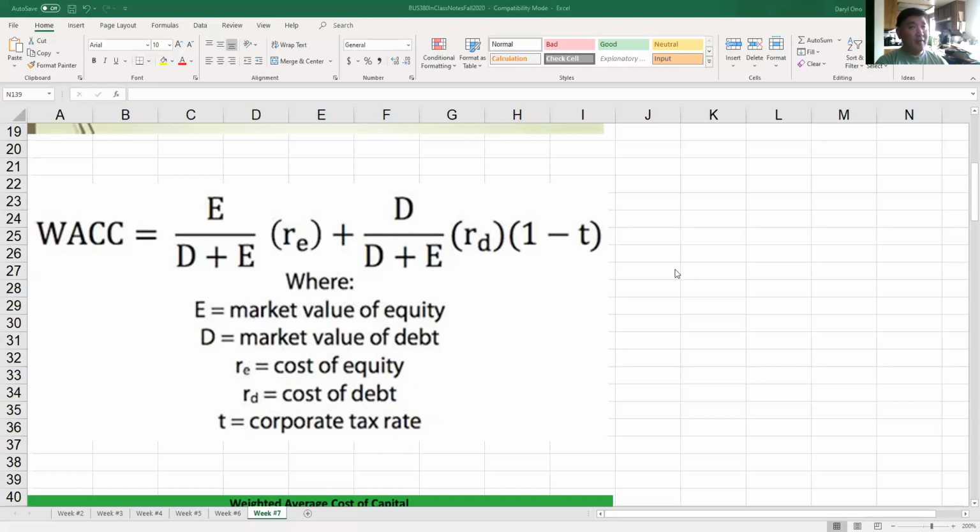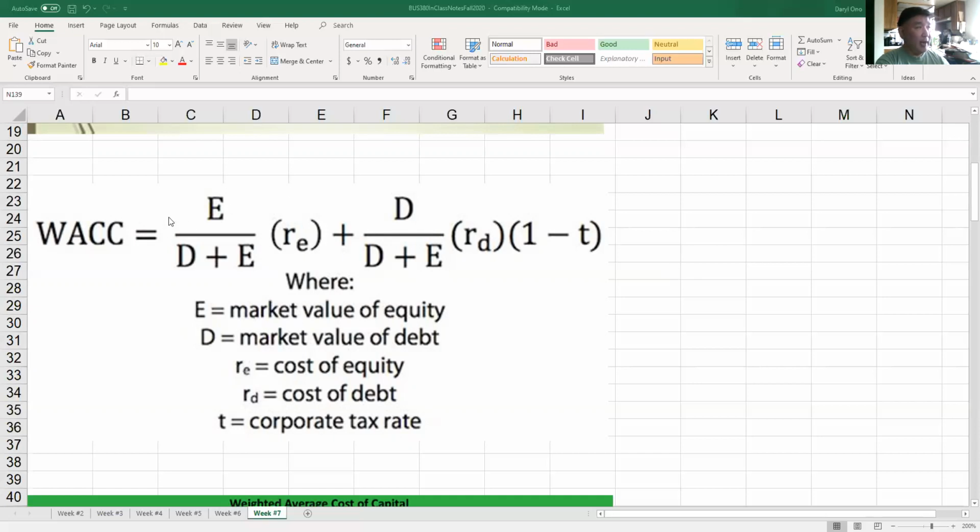Each of them will have its own WACC. Also, WACC applies not only to the company, but to each department, each division. Yeah. But for our purposes, just to make it simple, let's assume that it's just one company. There's only one WACC. So you don't have to worry about different WACCs.